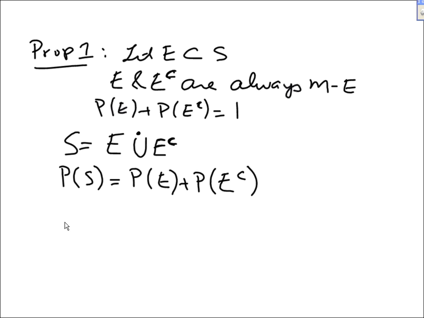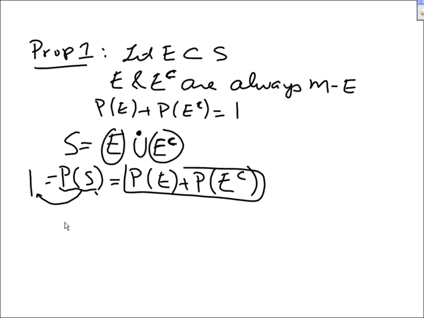Some textbooks put a dot above the union to say that the sets you're taking the union of are mutually exclusive. That's why I was able to separate them by an earlier axiom. But P of S is 1.